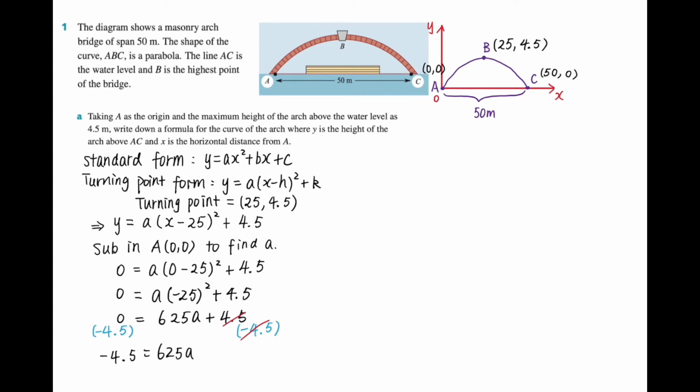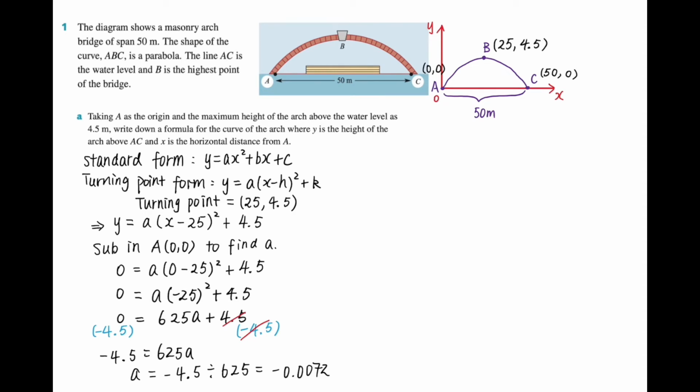Finally, to find what a is, I'm going to divide by 625 on both sides. So a is equal to negative 4.5 divided by 625, which is equal to negative 0.0072. So we found that a is equal to negative 0.0072.